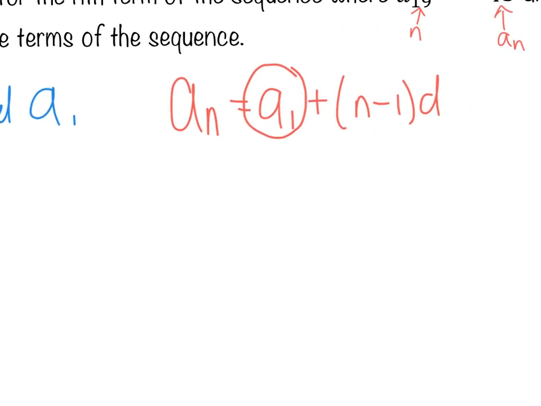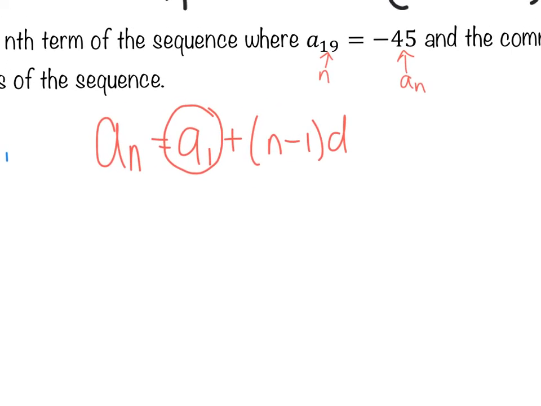So I'm just going to plug everything in. So a sub n for their given information was negative 45. We don't know a sub 1 plus. We knew that negative 45 was the 19th term. And then our d value is negative 3.